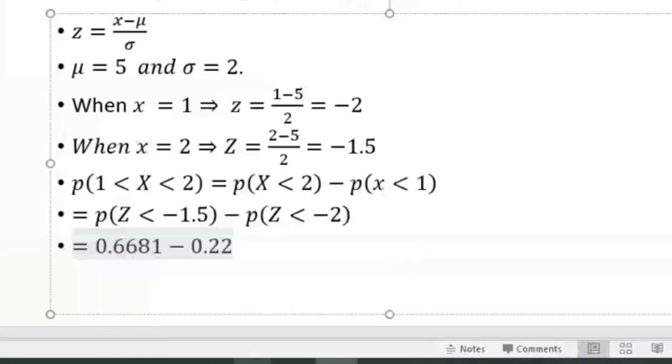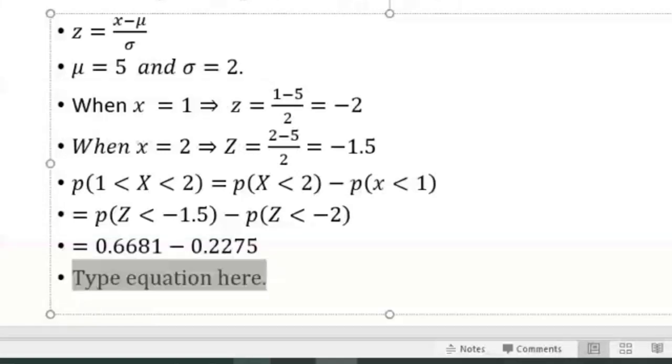The subtraction for this, that is the last step: 0.6681 minus 0.2275 is 0.4406. So that is the end of the problem.